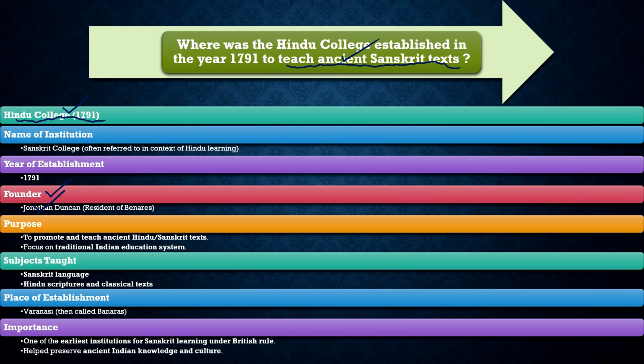Its main purpose was to promote and teach ancient Hindu or Sanskrit texts and focus on the traditional Indian education system. The subjects taught were the Sanskrit language, Hindu scripture and classical texts.